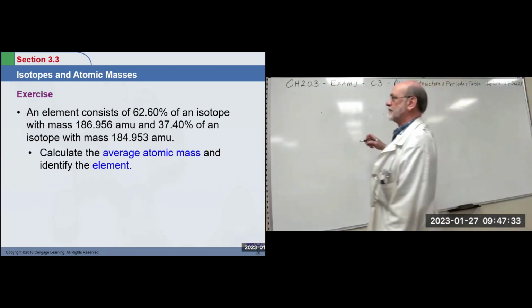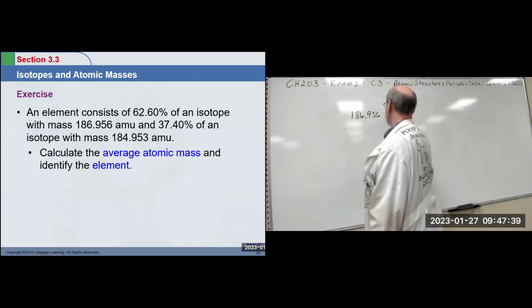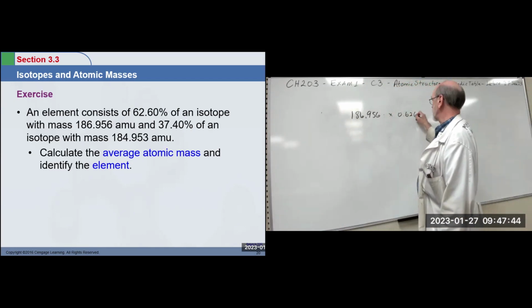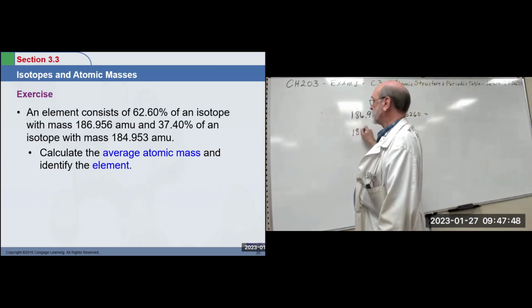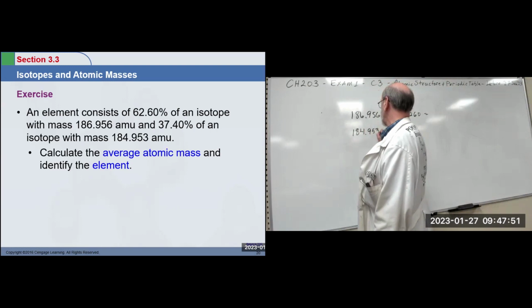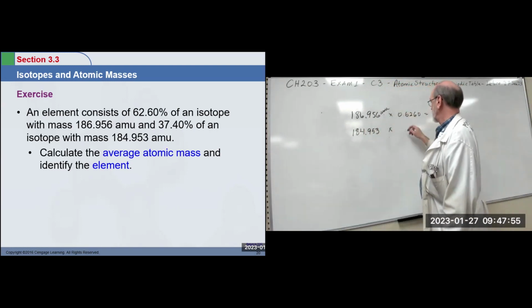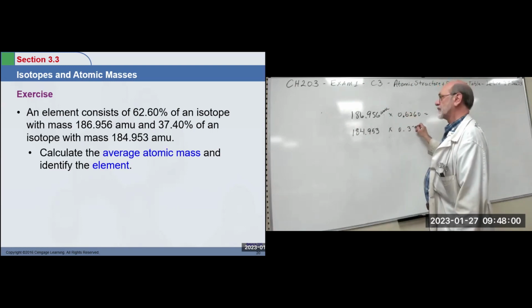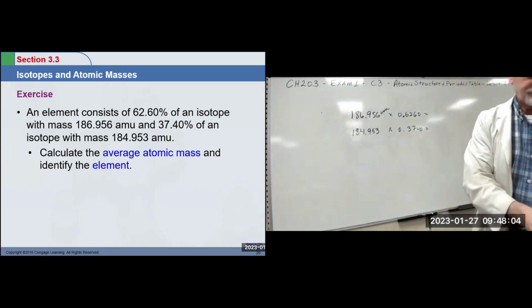So we would take 186.956 atomic mass units times its relative abundance, 0.6260. And then we take the other one, 184.953, and these are atomic mass units, times 0.3740. Okay, let's do that one.